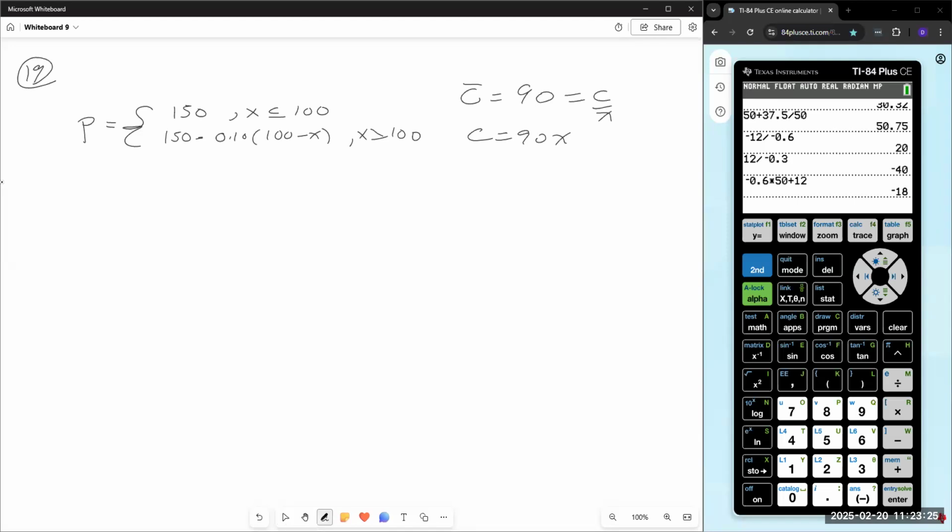And I'm really only interested in that bottom piece because I know that's probably where the profit is going to be maximized, by selling large volume. So let's go ahead and continue reading the problem.